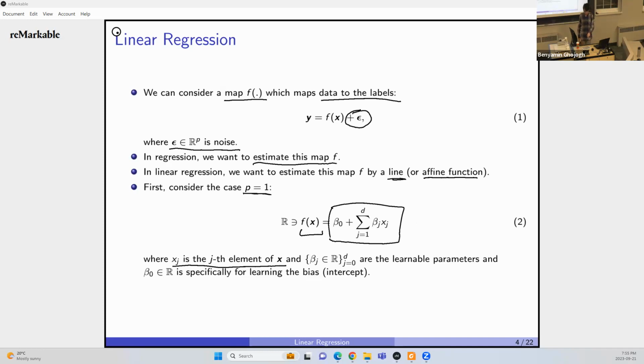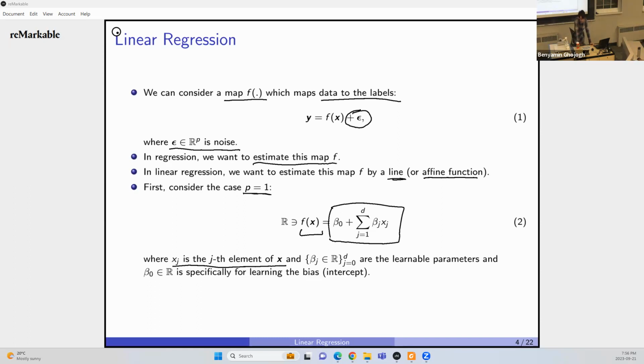So you need to take into account the bias, otherwise you can't capture it. Whatever you learn, its mean will be 0, although your data might be somewhere else in the space. Exactly, so you need to take into account the mean, and this beta 0 handles that.